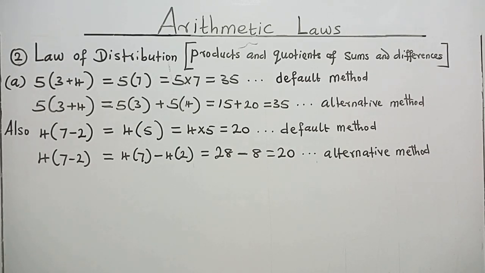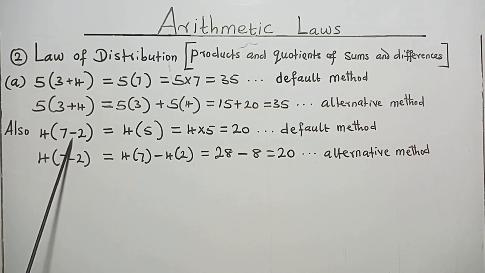Let us check whether the same thing is observed when we apply the default method and alternative methods of carrying out these number operations. Let us look at the first method, the default method. What are we told to do here? By default, we multiply whatever the bracket gives by 4.